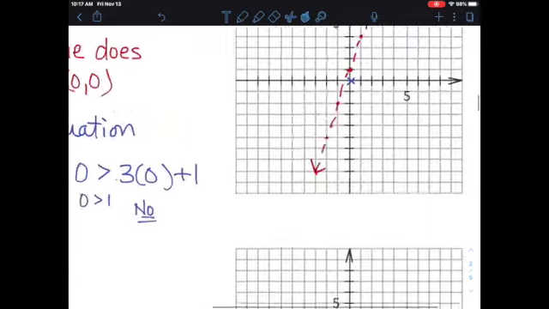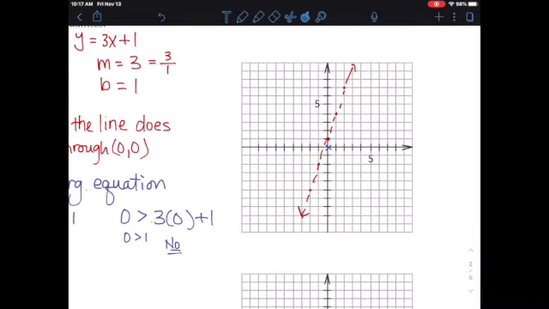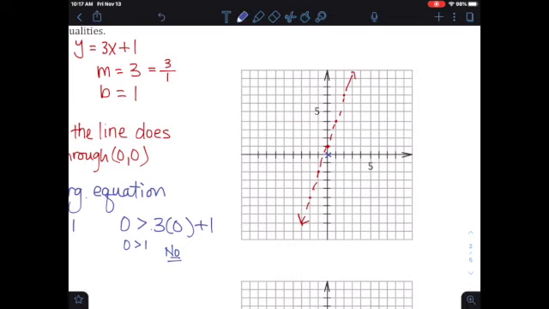It's not bigger. So the point you pick only gets shaded on that side when you have a yes. Since the point I picked is a no, I only shade the yes side.